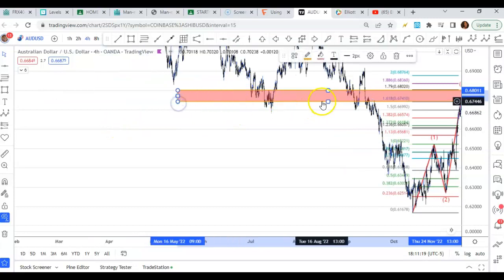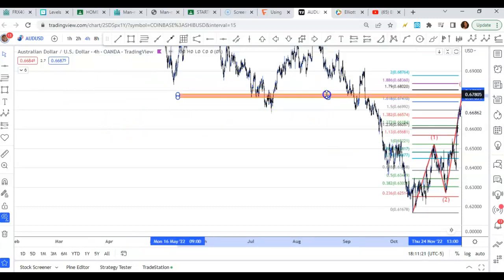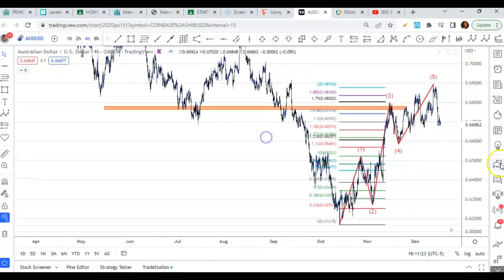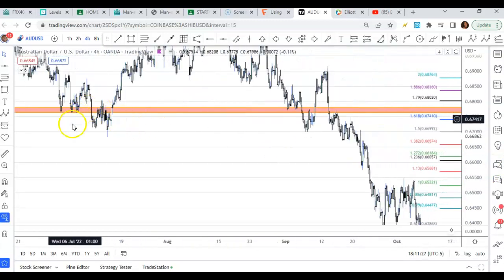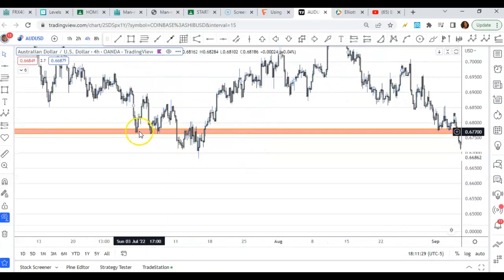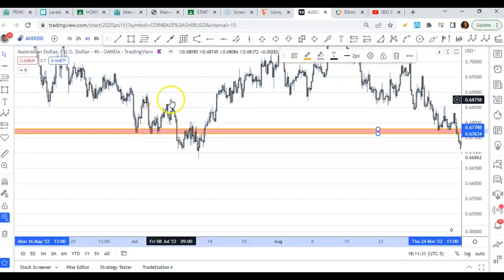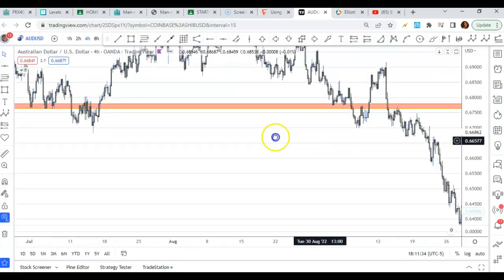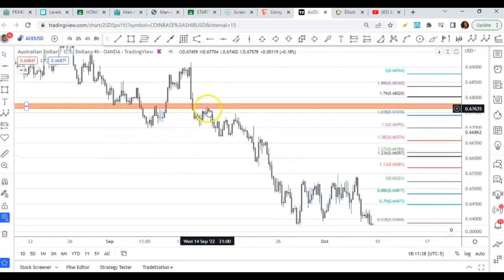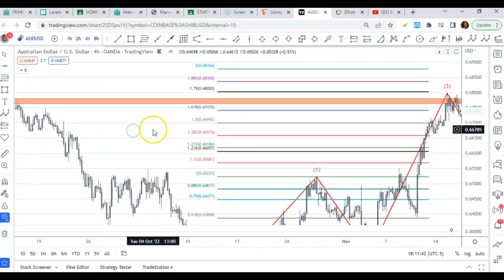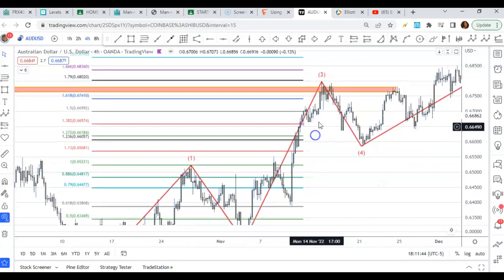Always keep that in mind and see if you've got an area where the market respected the level. As you can see here, the market bounced off here where it was support, and in the past it bounced here where it was resistance. So I feel like this is a very good level right here.